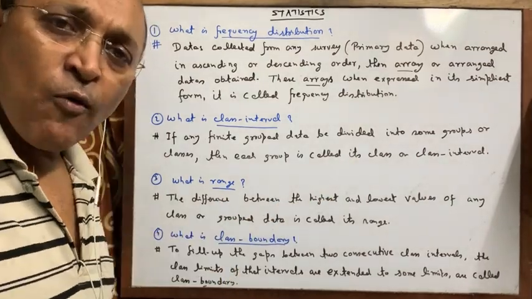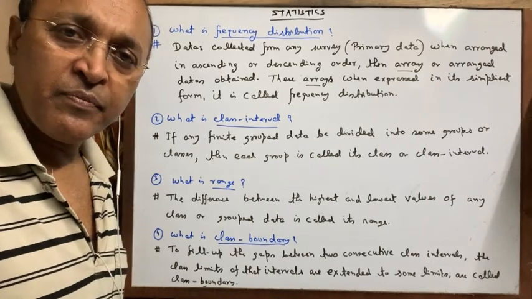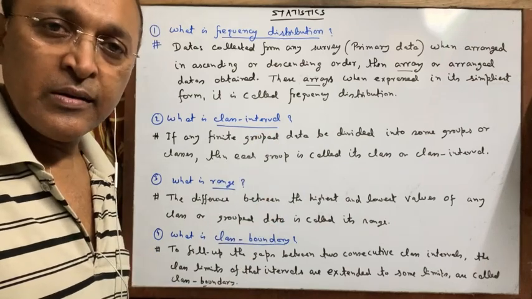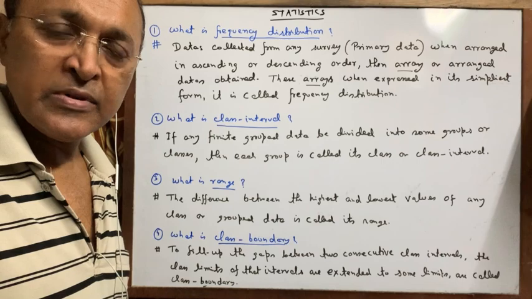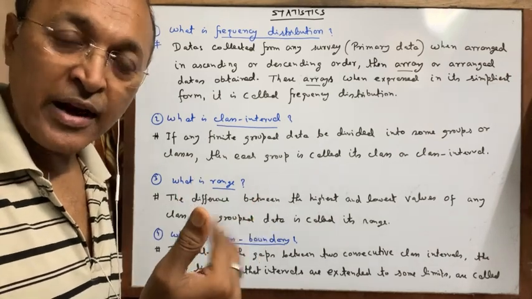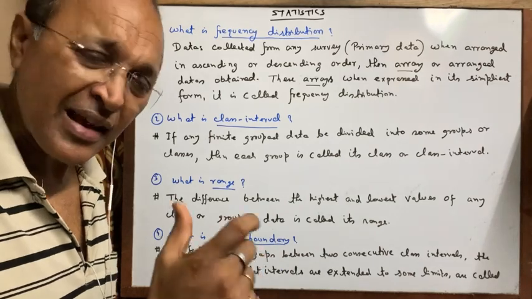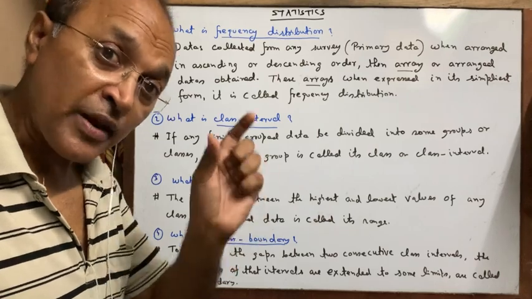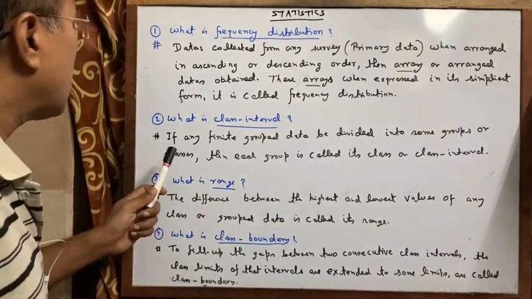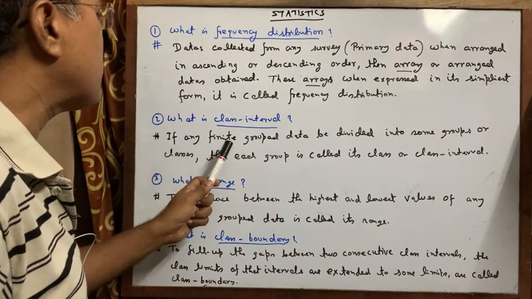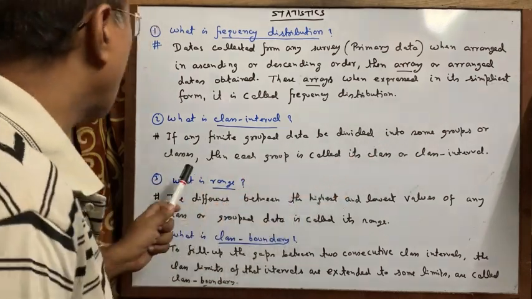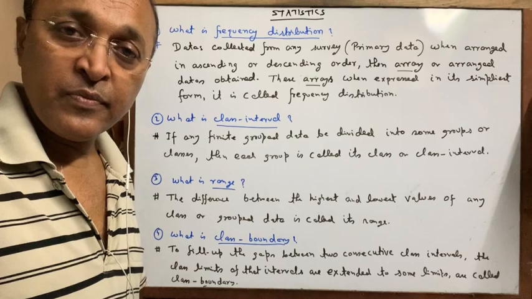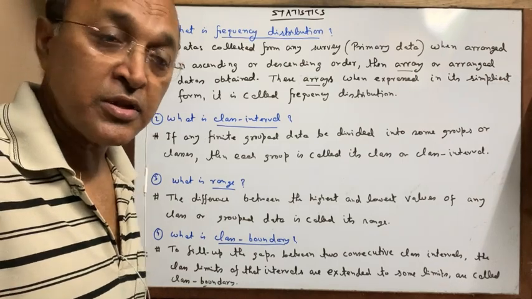Whatever data are collected have to be arranged in regular intervals, say 0 to 5, 5 to 10, 10 to 15, 15 to 20, 20 to 25, like this. This range could be variable, but that has to be regular. Those class intervals should be regular.